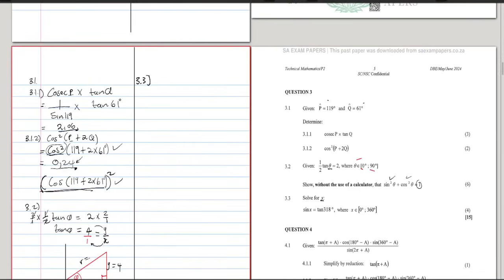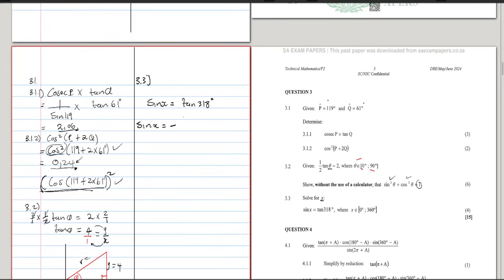3.3, sine x is equal to tan 318 degrees. Then we have sine x that is equal to negative, because 318 is in the fourth quadrant.